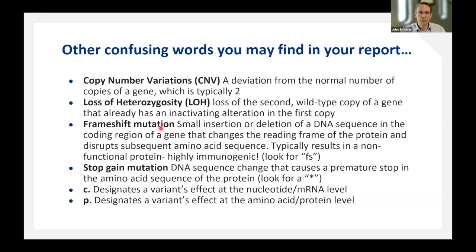You'll hear other terms like frameshift mutations. I actually want to spend a minute on frameshift mutations. These ones I find very interesting. That's where there's an insertion or a deletion of a sequence that causes the amino acids to shift very substantially.